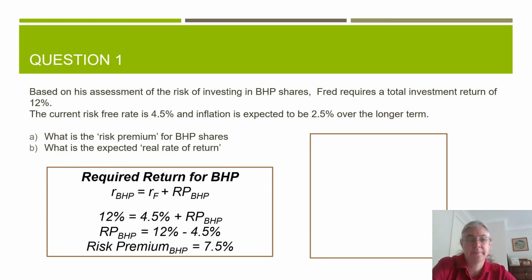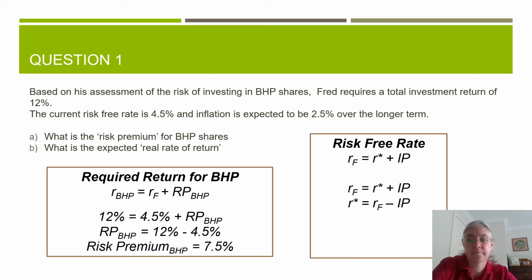Let's look at B. What's the expected real rate of return? So the risk-free amount equals the real rate plus the inflation premium. Rearrange it so that we can find out what the real rate of return is.